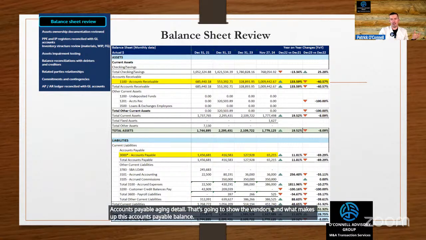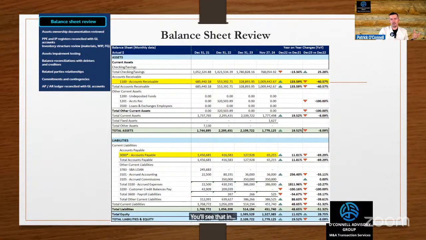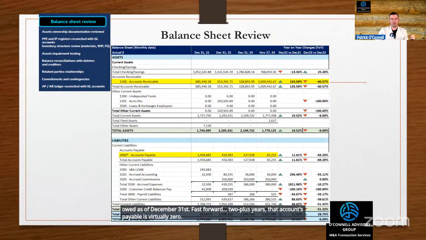You'll see that in 2021, the business had $1.4 million of accounts payable owed as of December 31st. Fast forward 2+ years, that accounts payable is virtually zero. It's only showing about 65,000.